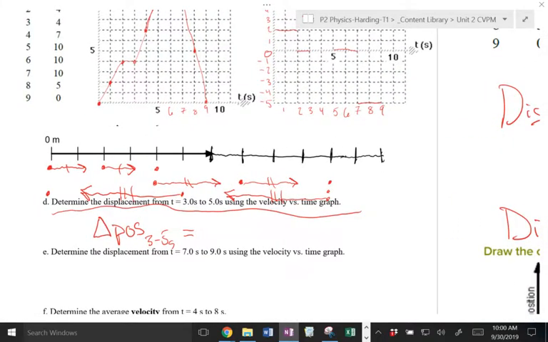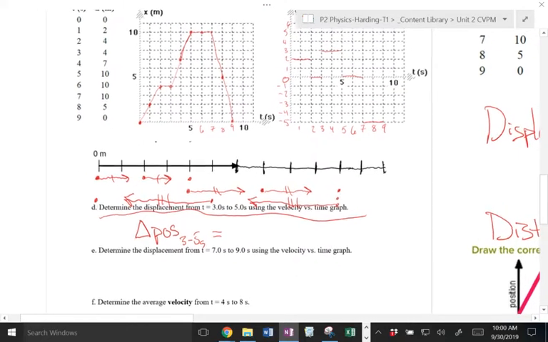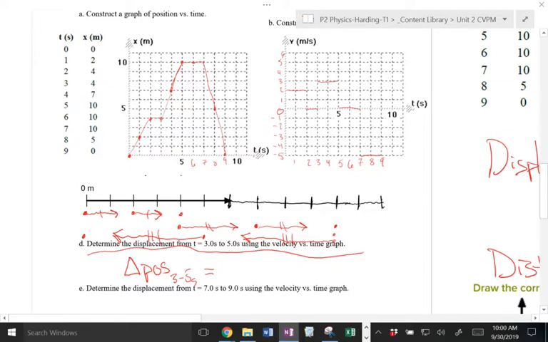Pear deck is for the other half of you that need to come join us over there. What is the change in position from time 3 to time 5?